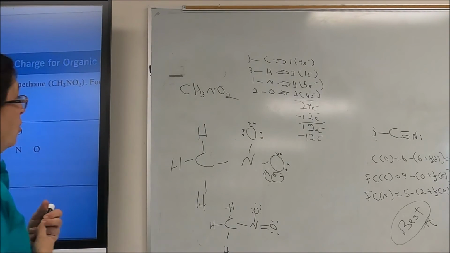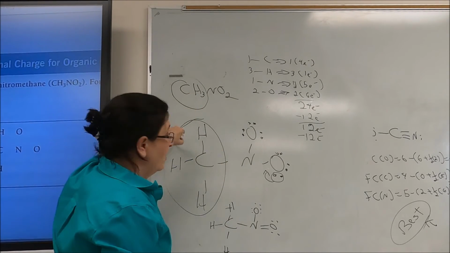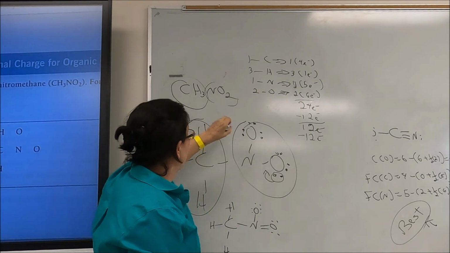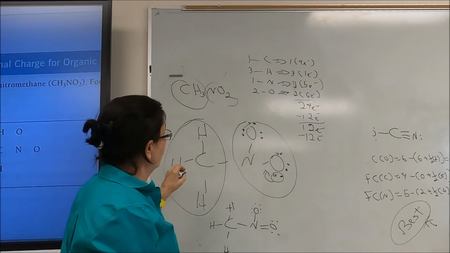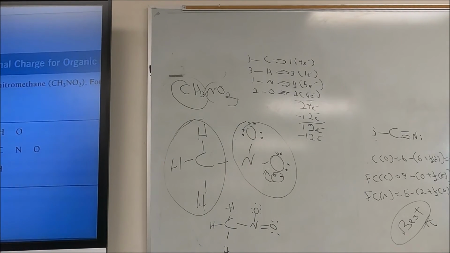But I do want you to notice the CH3 here. Notice CH3 here, the NO2, the NO2. The way this formula is written tells us something about how the molecule was put together. Okay, it tells us something about the structure. So that's example problem 5.7.